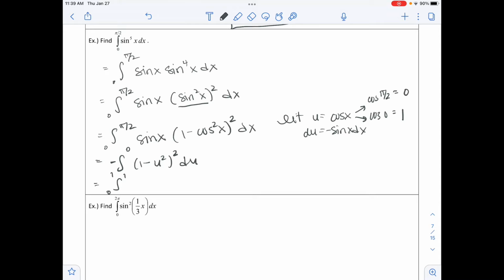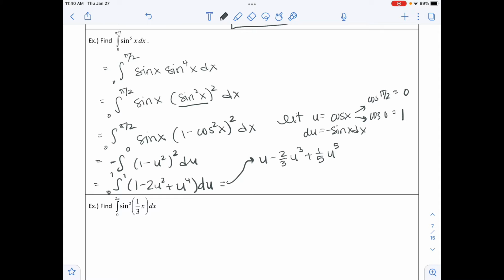You can FOIL out or multiply out 1 minus u squared squared, and you get 1 minus 2u squared plus u to the 4th du. And you can integrate this in terms of u. So we end up with u minus 2/3 u to the 3rd plus 1 over 5 u to the 5th.